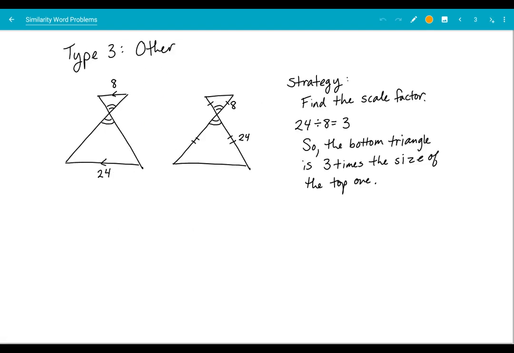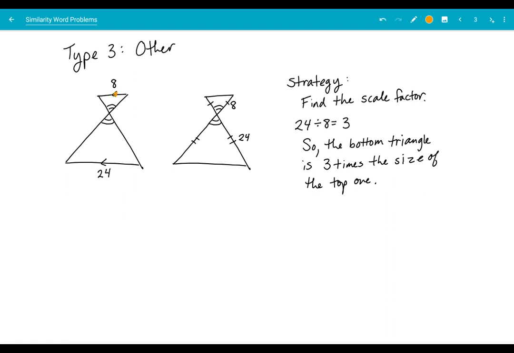The last type of structure is this type of picture, and it could be common to a lot of different types of problems where you have two triangles kind of extending out from one another. There are two different ways that they might set this up. They might say that the top line and the bottom line are parallel, as in my first diagram.